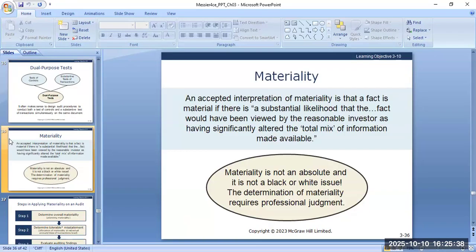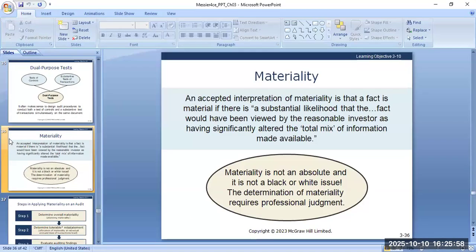Materiality. Now, be careful with materiality, because once we establish the audit strategy, audit plan, or procedures, then we go to materiality.